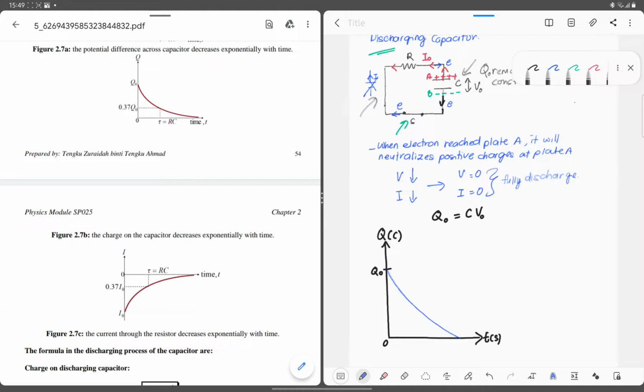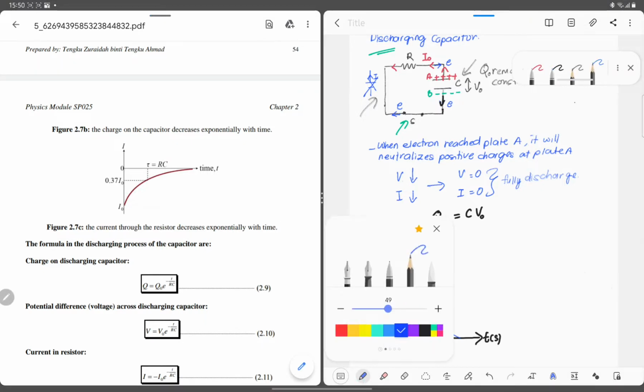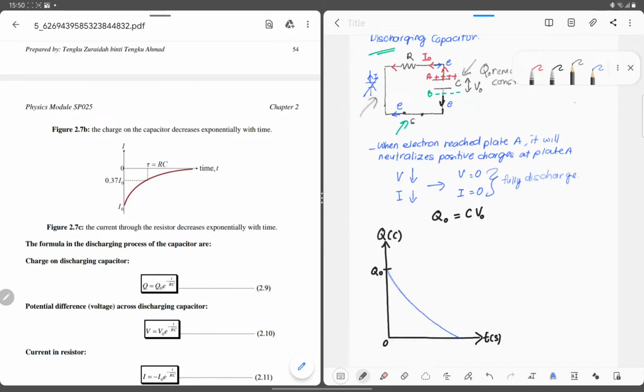Okay, and this graph is an exponential graph, so we can represent the graph with a mathematical equation. If you refer to the module, your mathematical equation is Q equal to Q naught e to the power of negative t over RC.